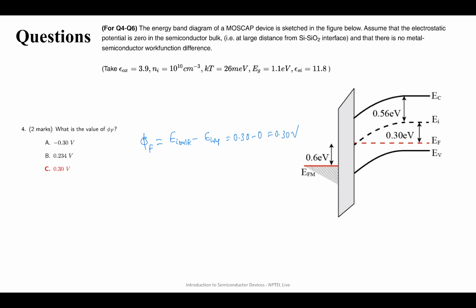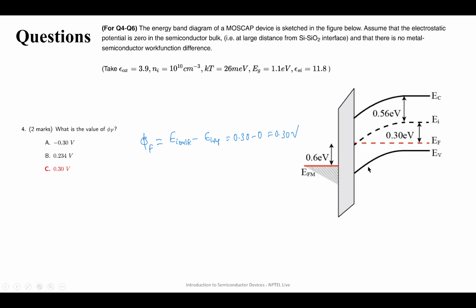So phi f is going to say EI bulk minus, so this is not phi f, this is written wrong. So phi f is given as EF minus EI.